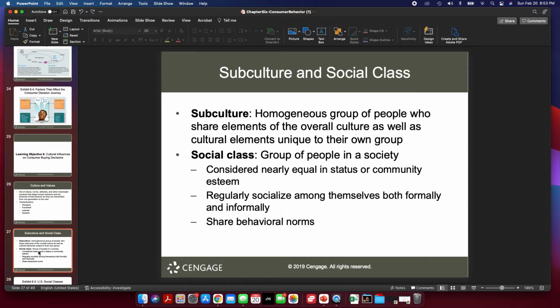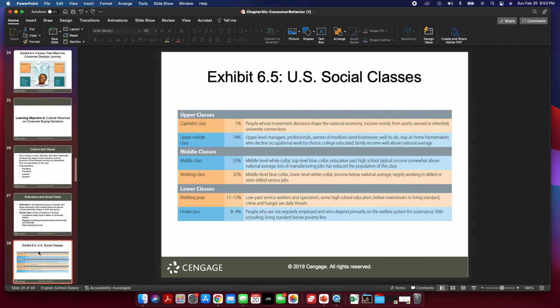So social classes you'll hear all the time. Some examples of social classes: middle class, working class, underclass, upper class, the top 1%. These are all examples of classes, right? It's interesting to take a look at that.